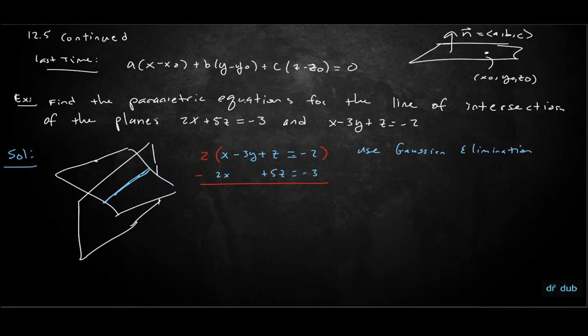That'll give me 0 here, and then -6y, and then 2 minus 5 is -3z equals, this will be -4 plus 3, which is -1. And I'll call this my new second equation.